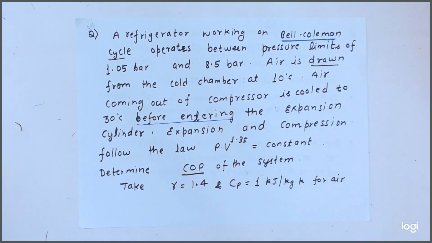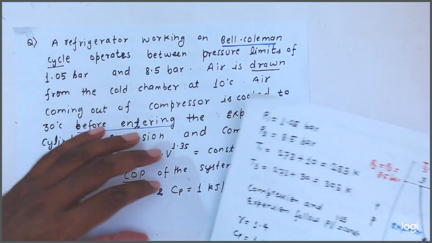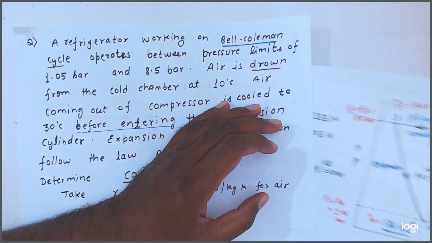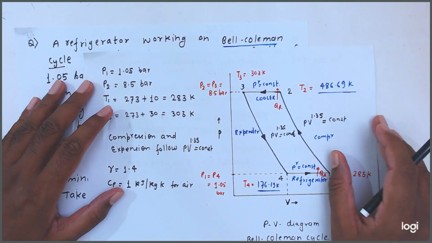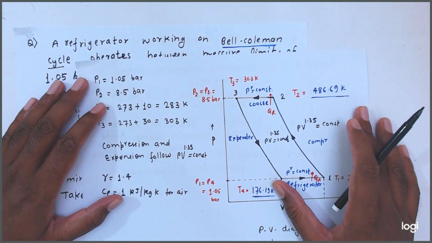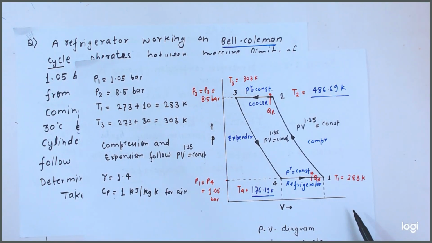Friends, the data has been given here. Let's understand the question, then we will solve this one. It is saying that this is the Bell Coleman cycle on a PV diagram, pressure versus volume diagram.